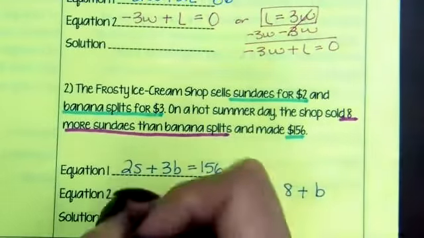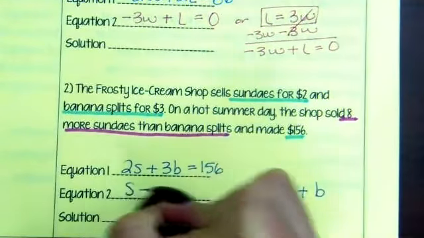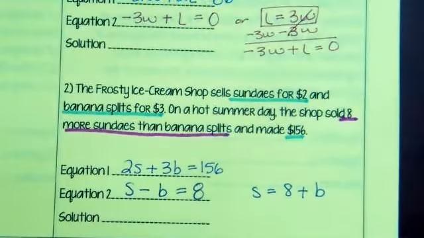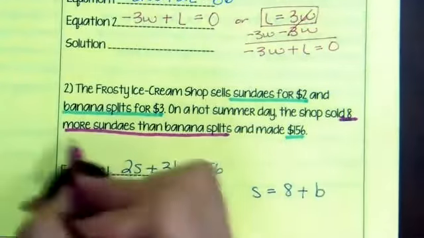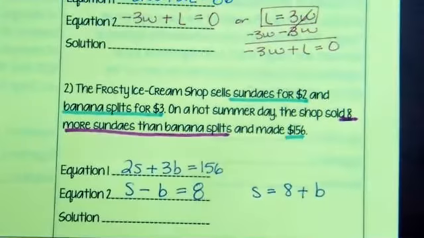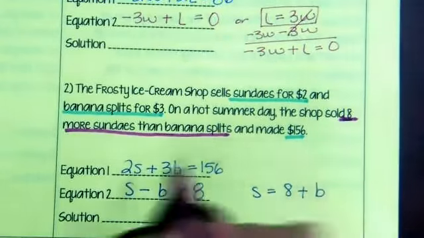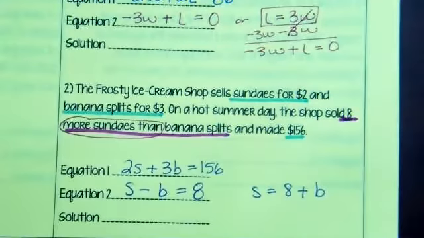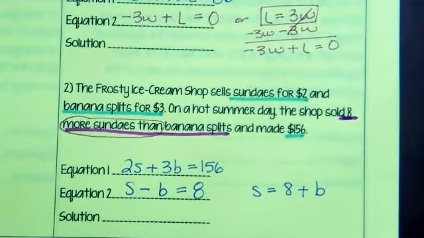And they also say that sundaes sold more than banana splits with a difference of 8. So however you want to put the 8 more sundaes than banana splits. Oh, that is a turnaround. More than, it's a turnaround phrase. But it's still going to give us the same kind of equation.